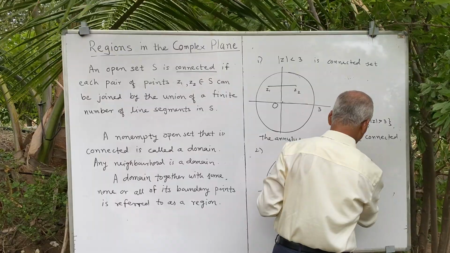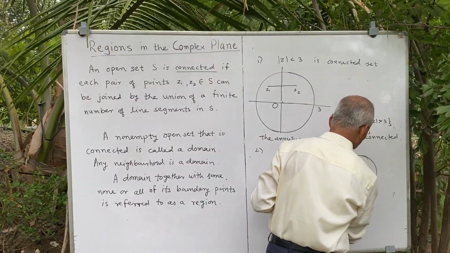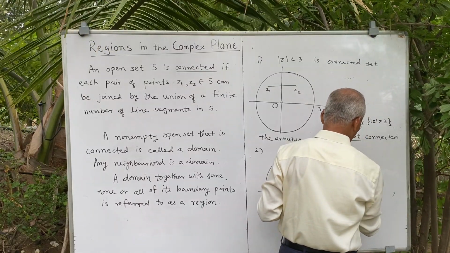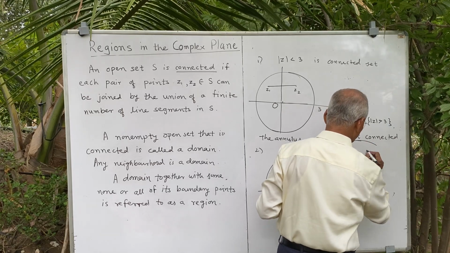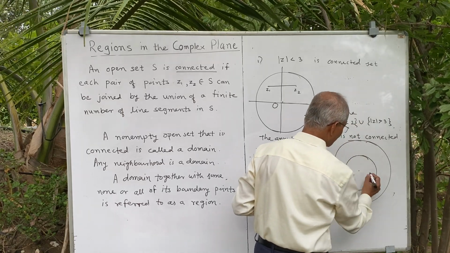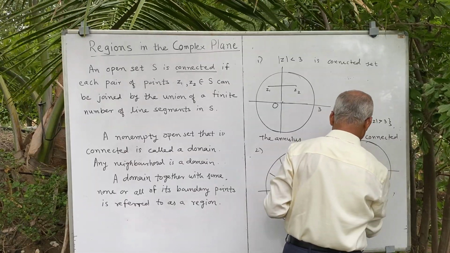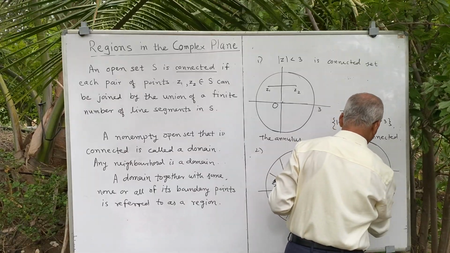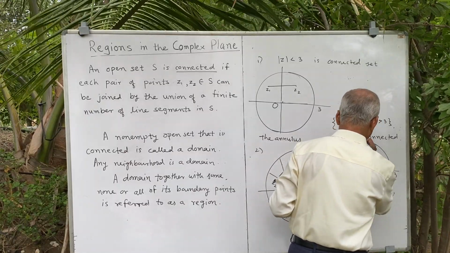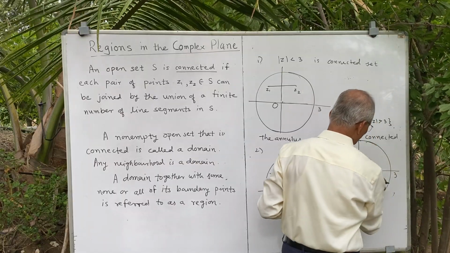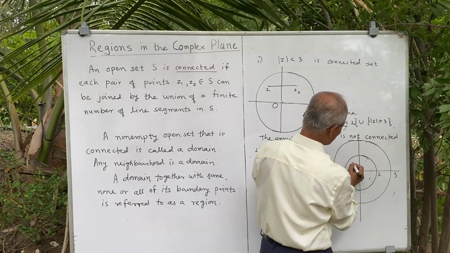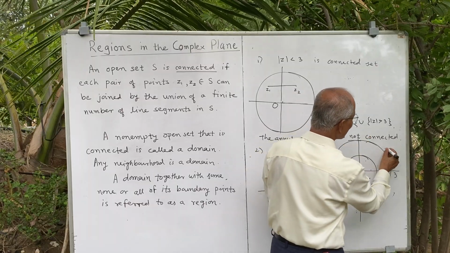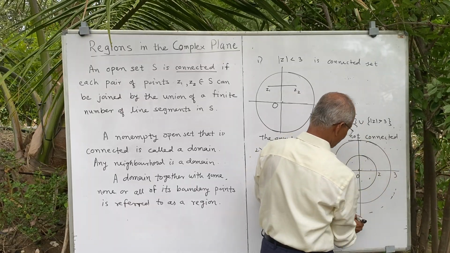Because this actually represents the set mod z less than 2, and if you consider this as 3 units from the origin, you see this is the disk, the first part of this set, and the second part will be outside this circle.